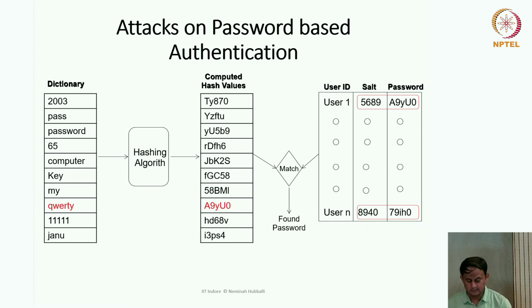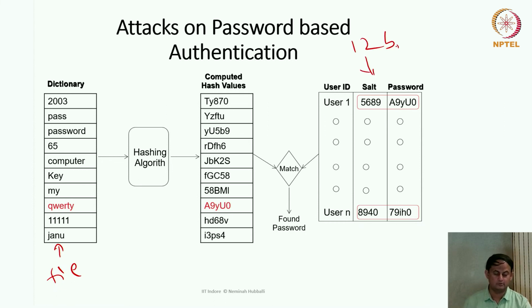Here, I still have a file containing the possible passwords, the commonly used passwords, a dictionary of passwords. I'm guessing that one of these should match with some user's password. Now the scenario changes depending upon the length of the salt. Let's say the earlier versions of Unix used a 12-bit salt value.